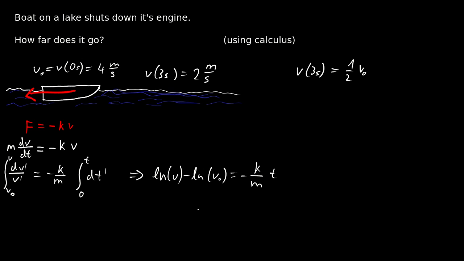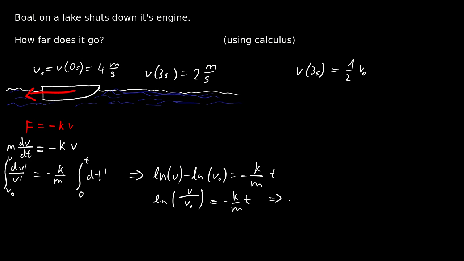On the left side, that is the natural logarithm of v over v0, and that equals minus k over m times t. If we apply the exponential function on both sides, the inverse of the natural logarithm, those two things cancel out.